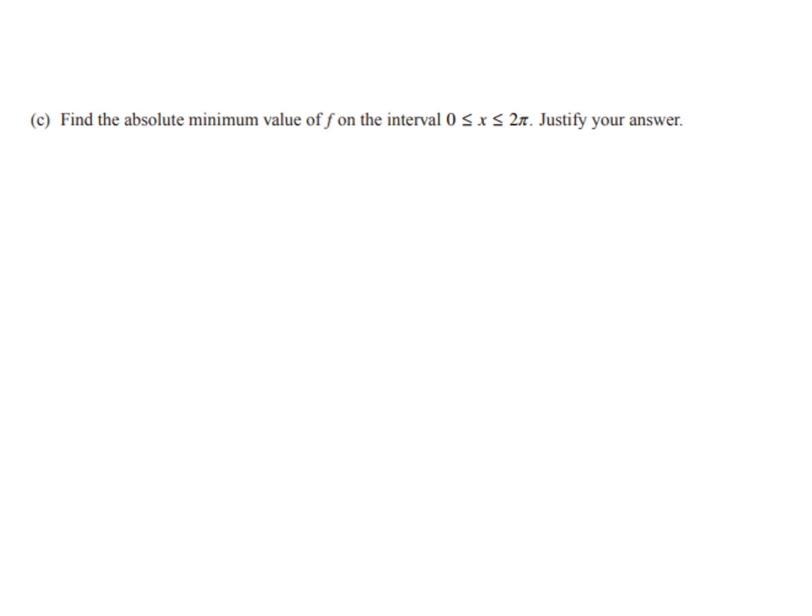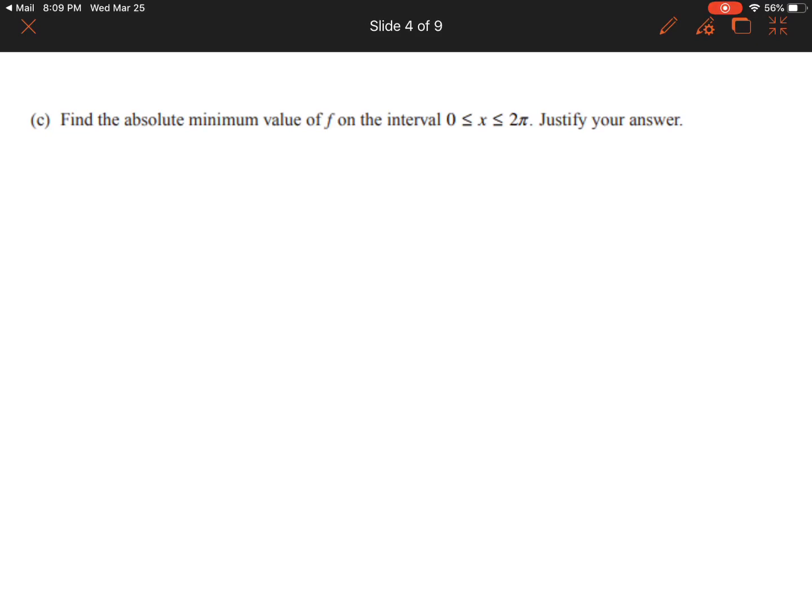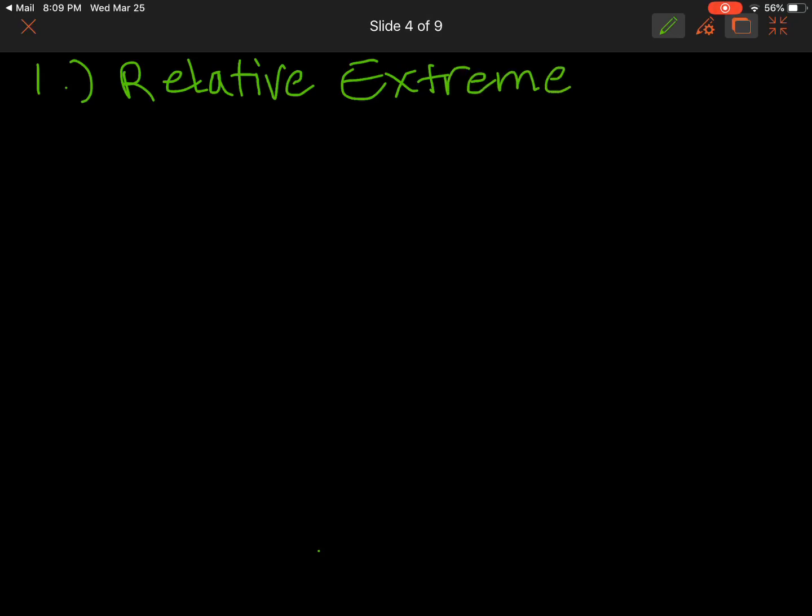Remember, when you're trying to find the absolute minimum or maximum value of a function, you're supposed to consider the relative extrema, so the relative minimum and maximum values. And you also have to consider the endpoints. So let's go ahead and do that.